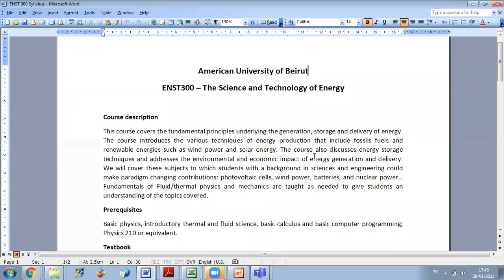Okay, so we will cover several subjects. We will see photovoltaic cells, the wind power, batteries, nuclear power, and of course, to be able to do all of this, first we will have certain introduction chapters on fundamentals of fluid and thermal physics and mechanics, in order to understand how energy can be converted from one form to the other.